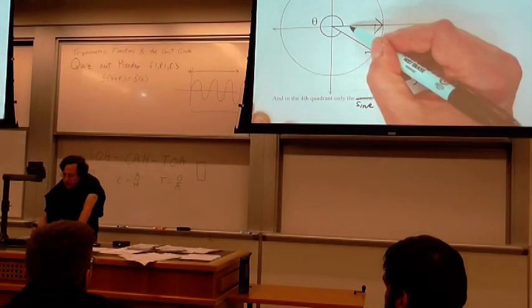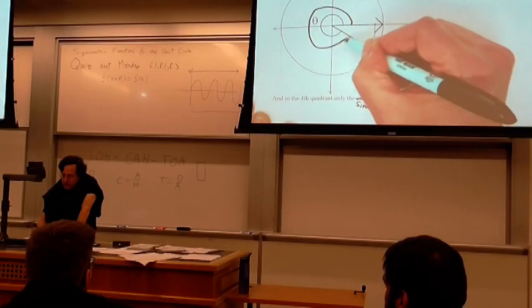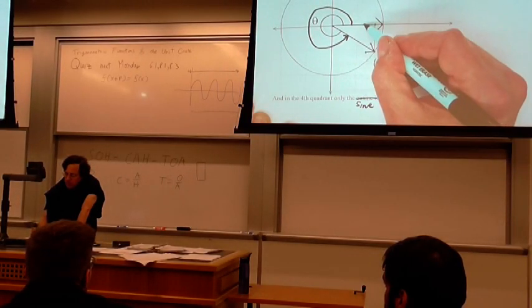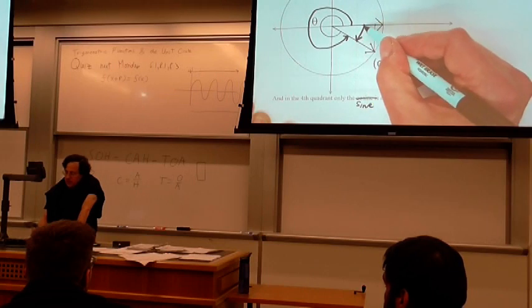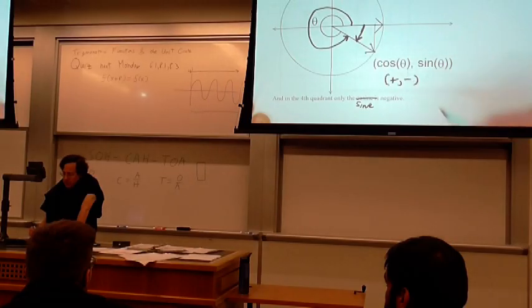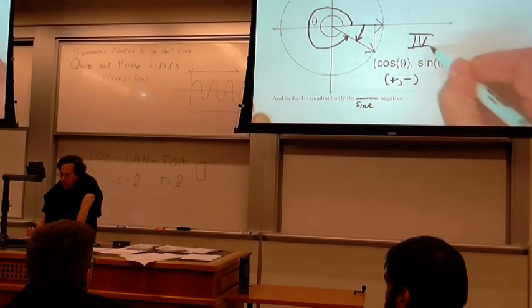Now, of course, I just started at the x-axis and went in a positive direction. But of course, you could go in a negative direction, right? So anywhere from 0 to minus 90 degrees is also here in the fourth quadrant.